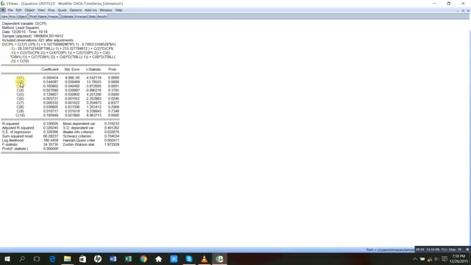C2 is the coefficient of industrial production in its lag, and C3 is the coefficient of money supply in its lag, and so on. Now, if you look at these p values, the vector error correction or the error correction coefficient must be negative, and it must be significant.